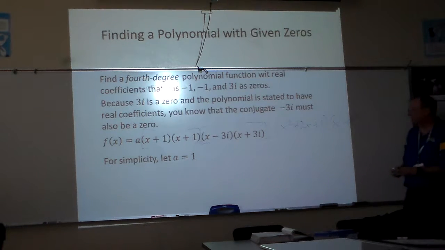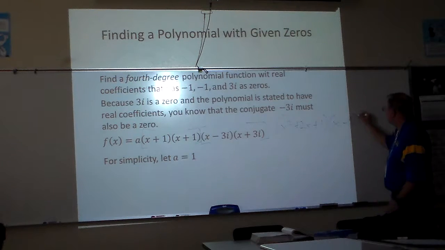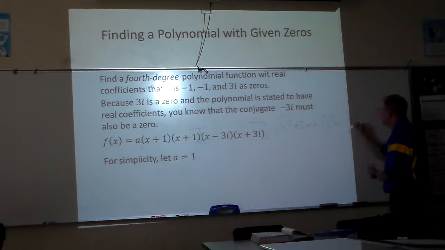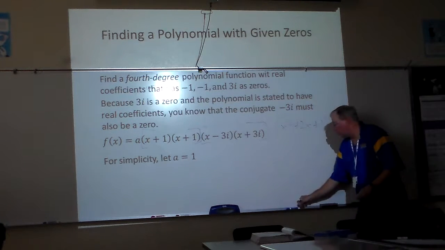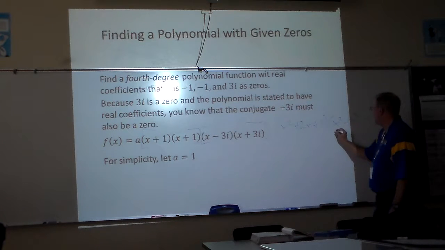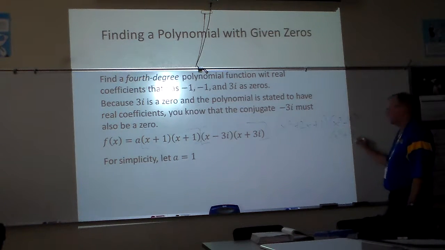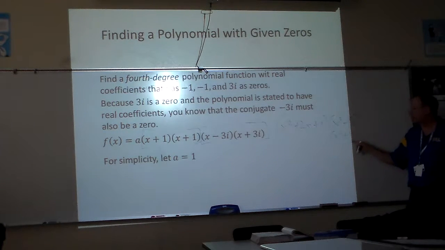What's going to happen to that i squared? It becomes -1. Whoops, this should be not x minus 9i, but x squared minus 9i squared. So basically this one becomes x squared plus 9. Okay? Hence that if we factor it, that's why you get the positive or negative.